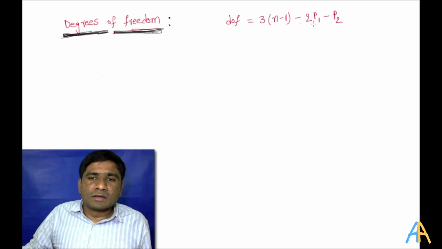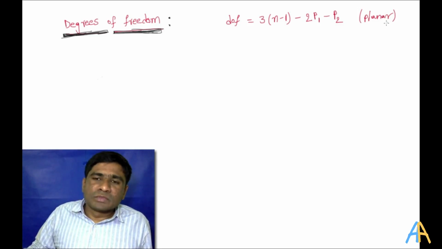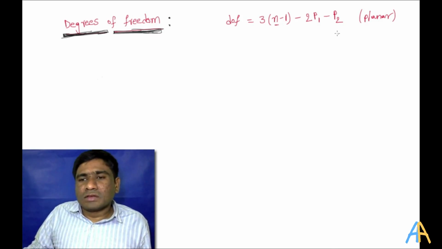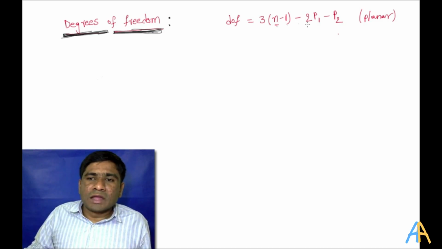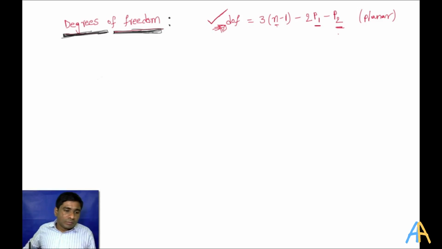This is for planar mechanisms. And when I say mechanisms, that means one of the links is fixed. Here n is the number of links in a mechanism, and what are p1 and p2? We will define those, and there is no need to memorize. We will derive this particular equation by considering a set of examples.